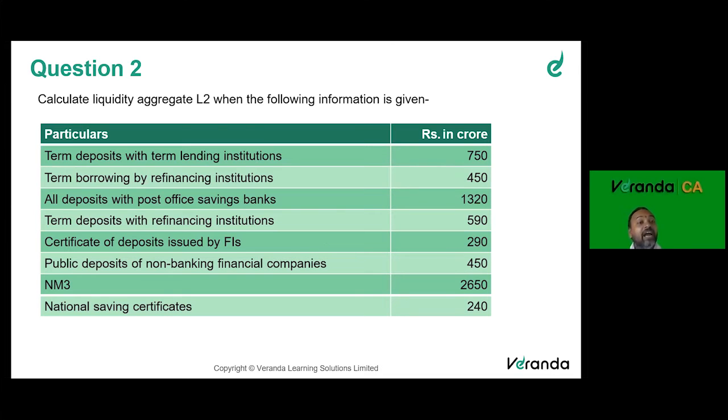And then public deposits of non-banking financial companies, this is considered only in L3 and not here. So only in L3 we will consider the public deposits of non-banking financial companies.